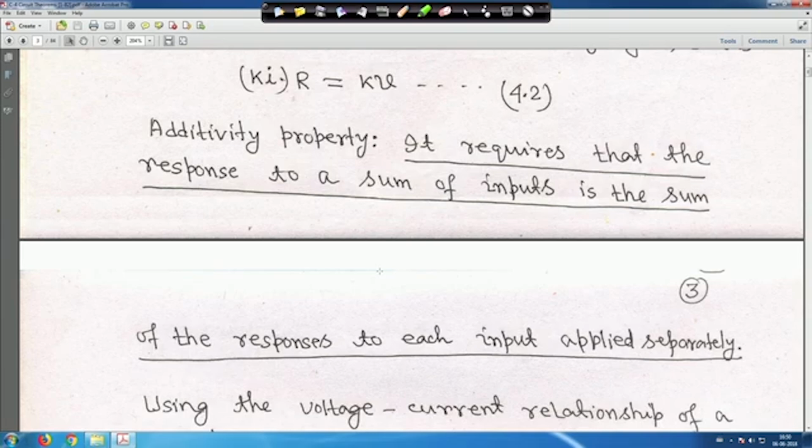Now, if you consider one input at a time, get the output responses and sum them up, it must equal the response when all the inputs are applied together. These two must be equal, right.